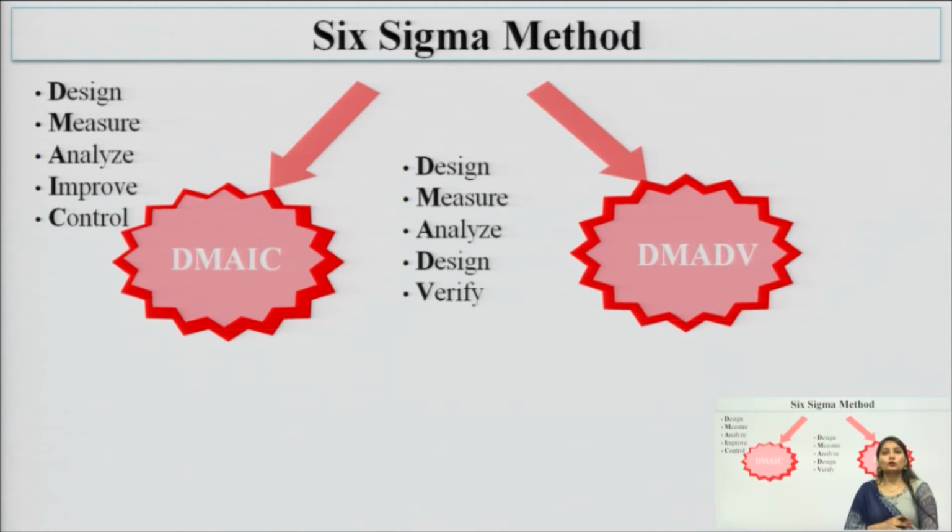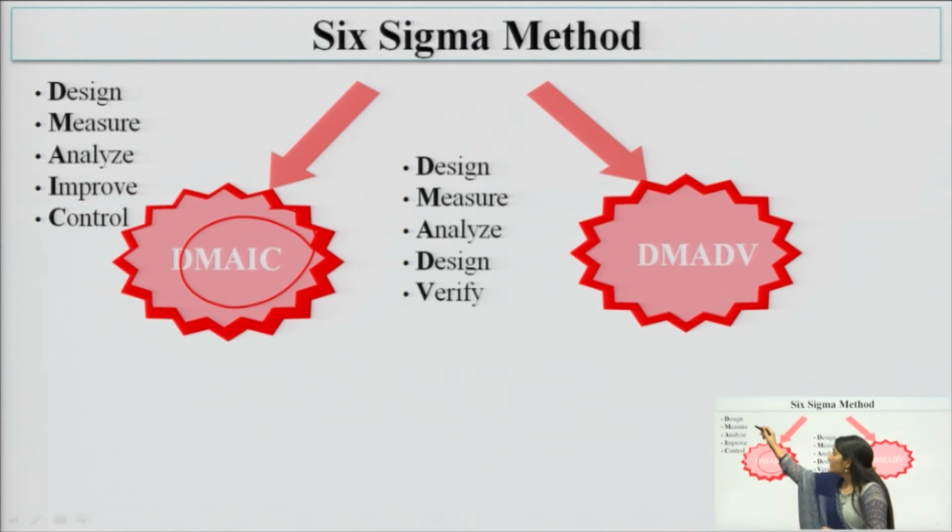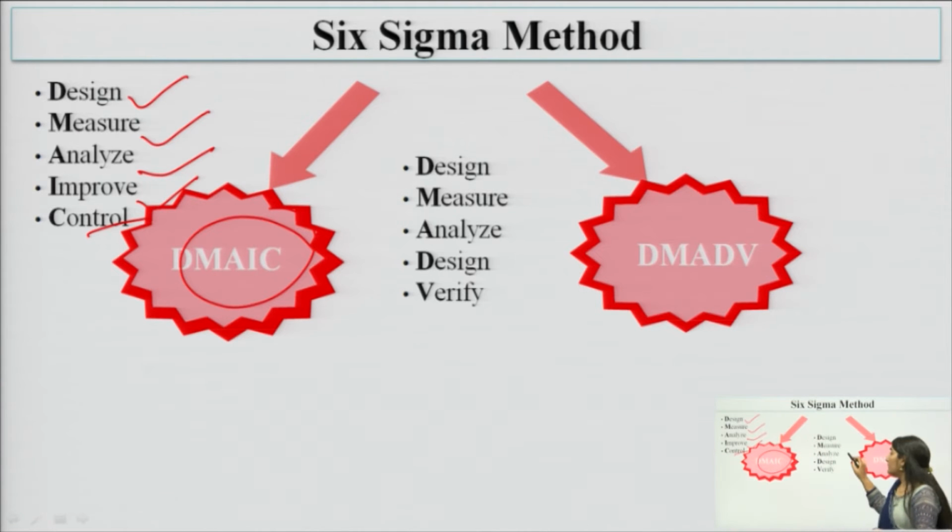So, there are 2 types of methodological approaches that are used in the Six Sigma concept, DMAIC and second is DMADV. Okay. DMAIC is design, measure, analyze, improve and control, and DMADV is design, measure, analyze, design and verify.